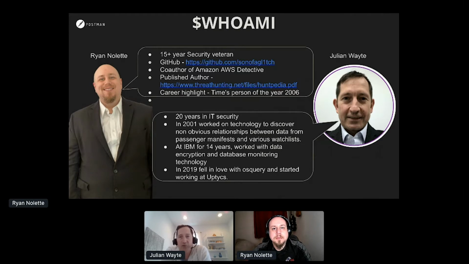Then I switched over to IBM, started working on encryption and a few other things. And then I found out about OS Query and fell in love with OS Query and started working with a company, Uptycs, 2 years ago. And that's what we're going to talk about today, how we integrated Uptycs with our ticketing system, Opsgenie.